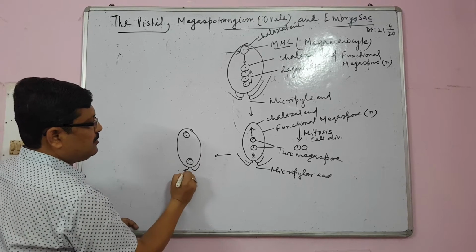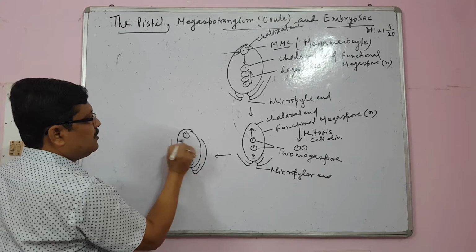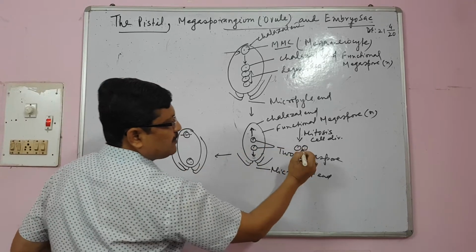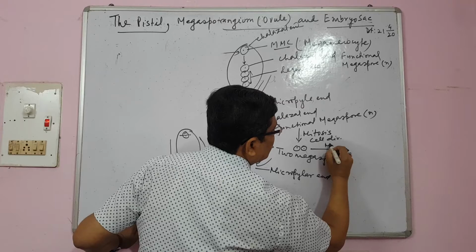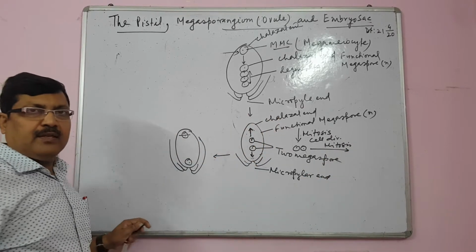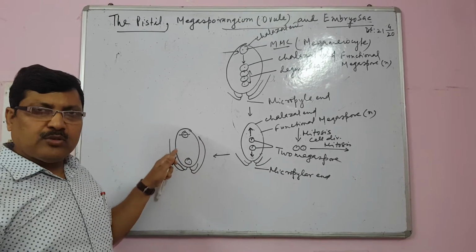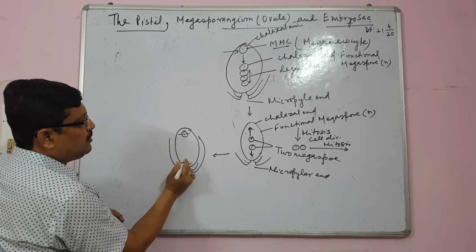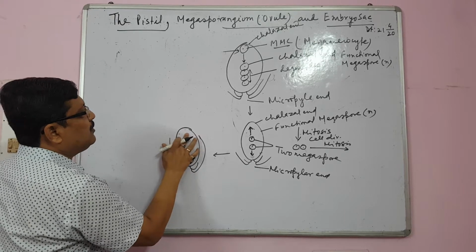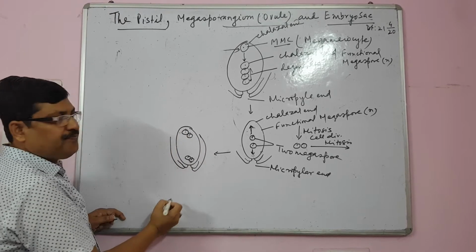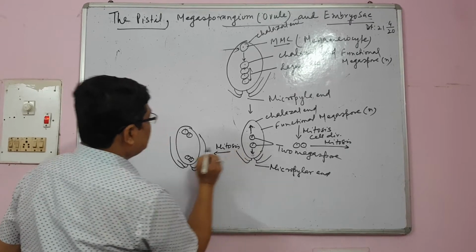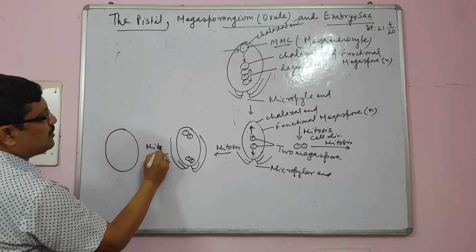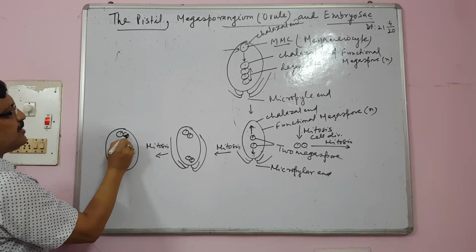Now this structure will divide again by mitosis. Both these cells divide by mitosis, so here four cells are formed.